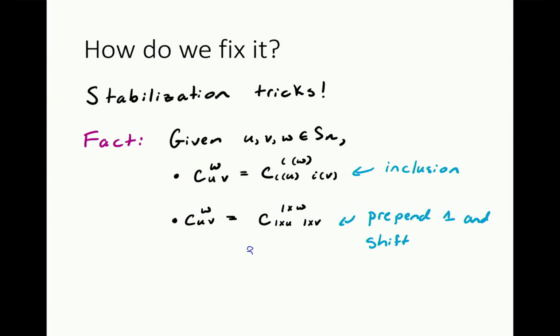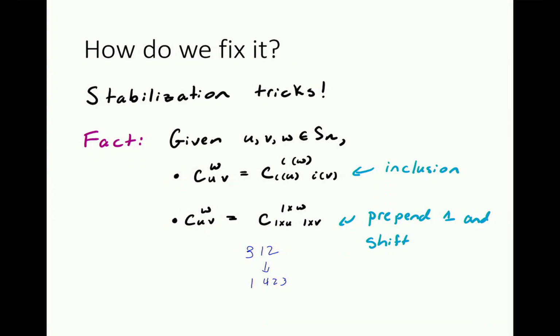So for instance, we might take 312 and map it to 1, then 423. So we're just prepending and then adding 1 to all the remaining entries so that we get a permutation again. If we do this stabilization, then the Schubert structure constant stays the same.